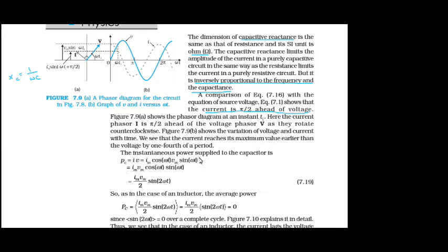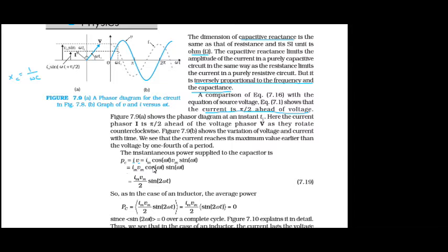The instantaneous power supplied to the capacitor is Pc is equal to I V, that is, we will put the value of I, that is Im cos omega t, and we'll put the value of V here, Vm sin omega t. So how did we get this?